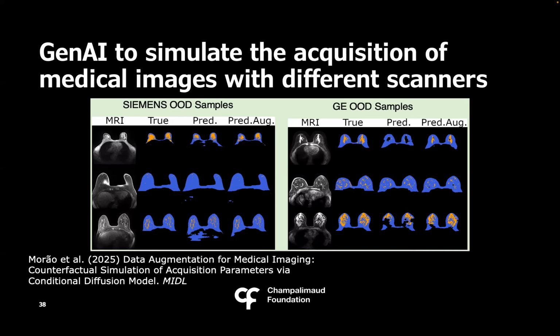The future is going to bring more scanners and more different parameters. If you install an AI algorithm in your hospital, and tomorrow something changes in the scanner or the acquisition parameters, you still want the model to perform, because those changes are going to happen silently. And if the model is not good enough, the model starts to fail silently as well.